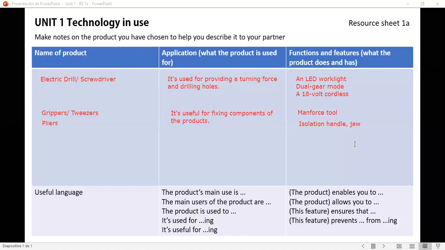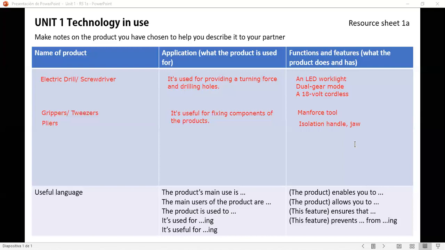That's the term jaw. I see it in some products like the jaw crusher.